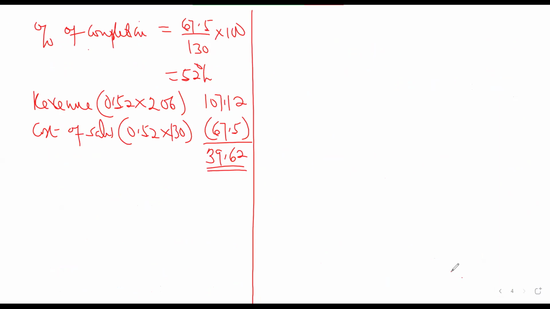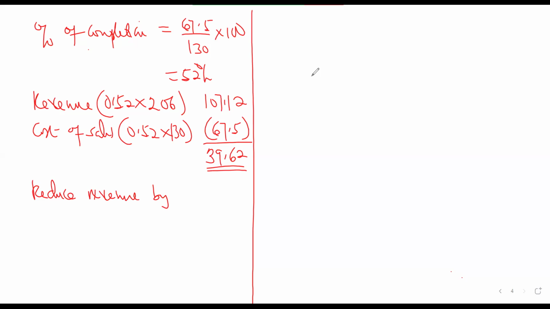107.12. So what do we have to do? We have to go and subtract. How much are we subtracting from revenue? $5.38.